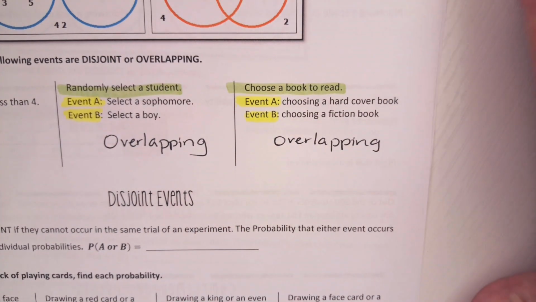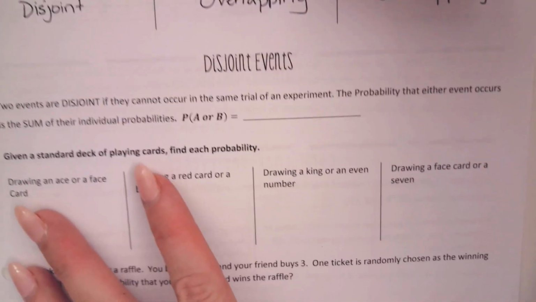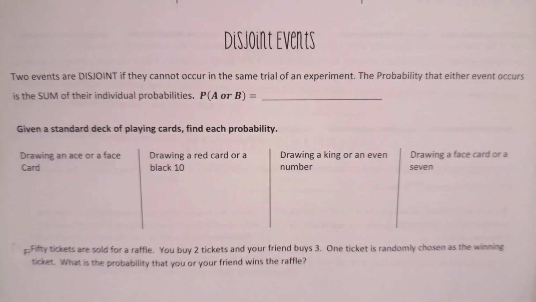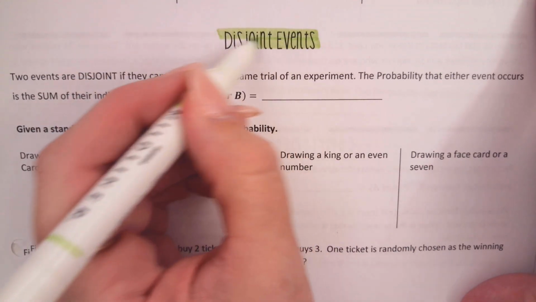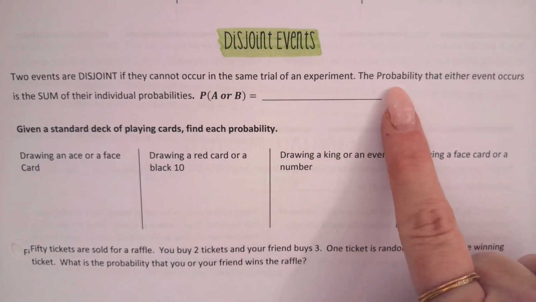Okay, doing okay so far? Okay, disjoint events. We're going to start with just calculating some disjoint events. Again, disjoint, these have no events in common, no overlap, mutually exclusive. They cannot occur in the same trial of an experiment.